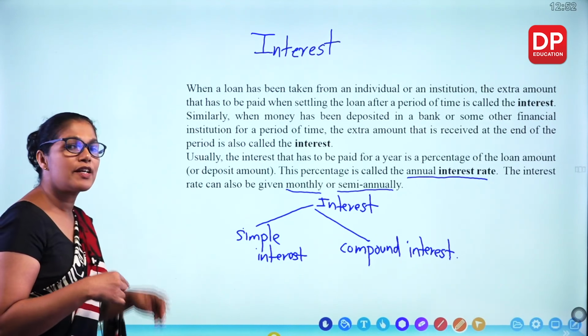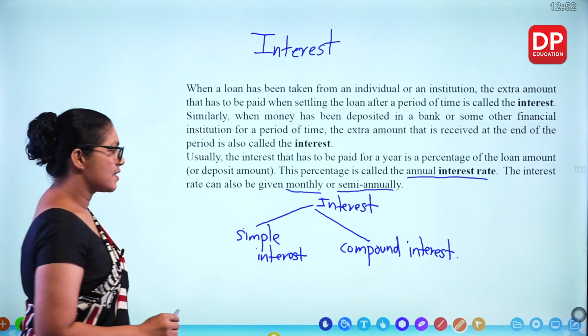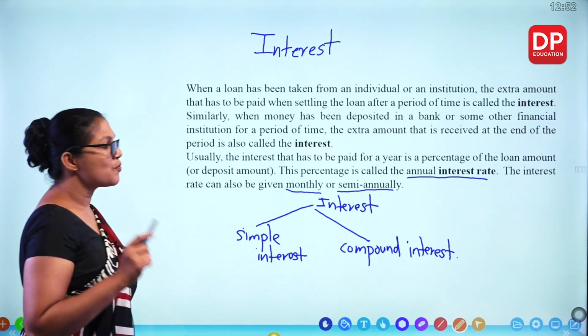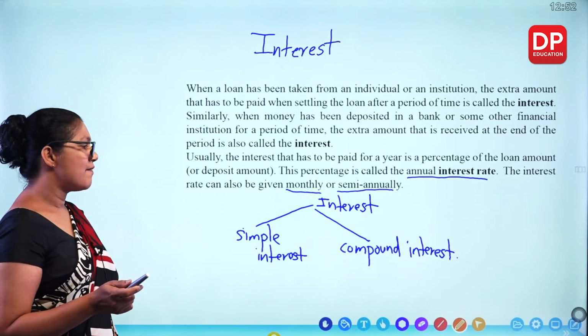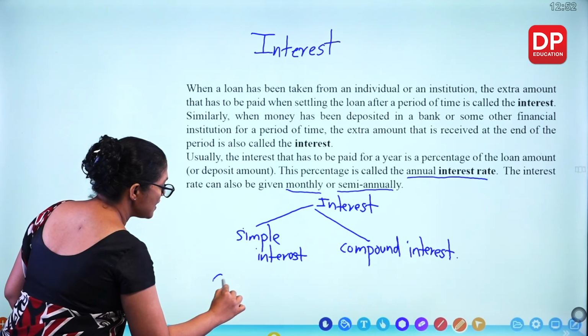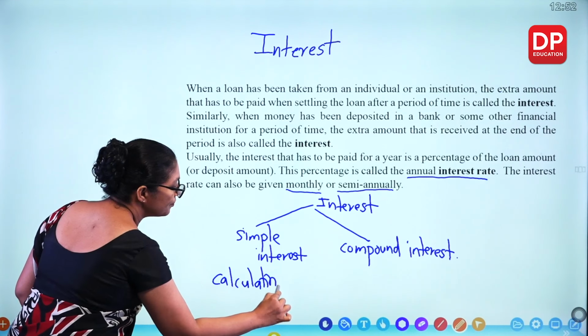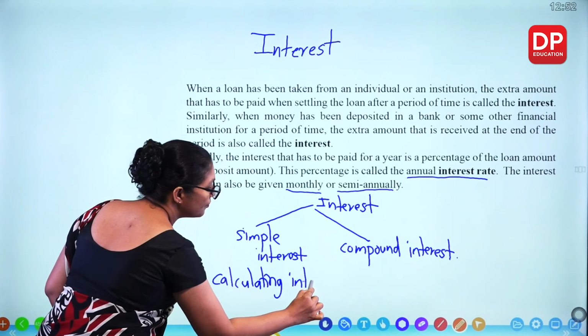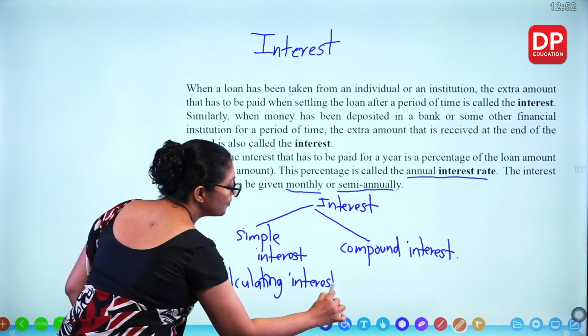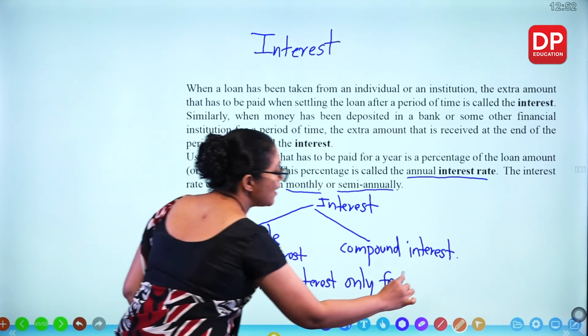If you are considering all the values, that's called compound interest. So compound interest we are doing in grade 11. So what is simple interest? Calculating the interest only for the initial value.